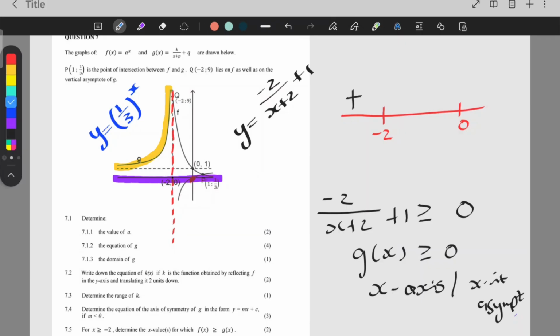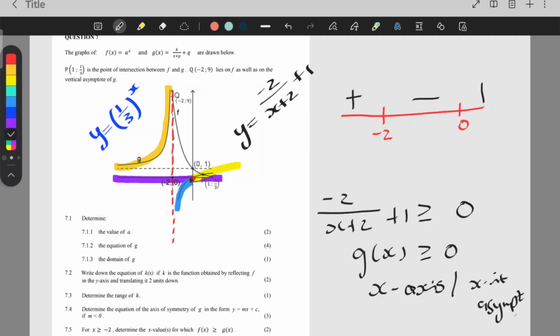Then after the asymptote, but just before the x-intercept, from there to there, I stop. Is it above or below the purple line? It's below, so this is a minus. And then after the x-intercept, there, is it above or below the x-axis?